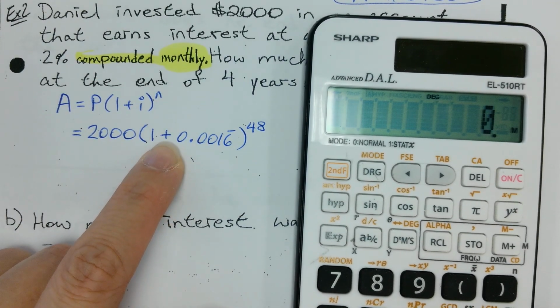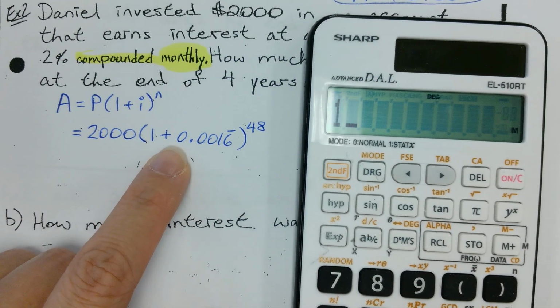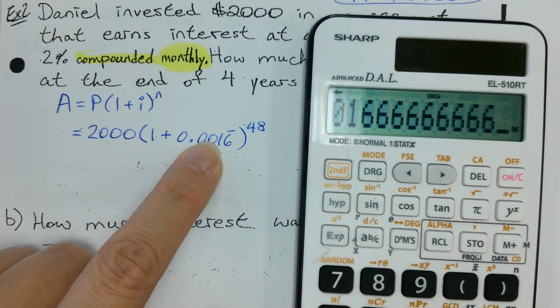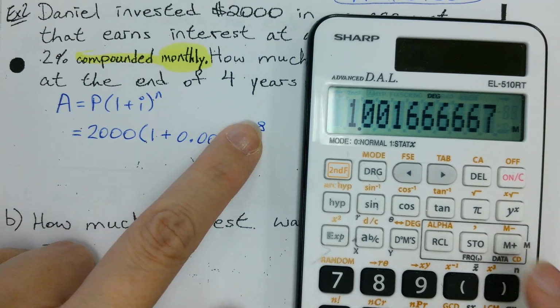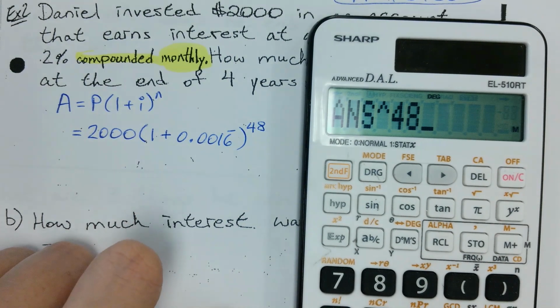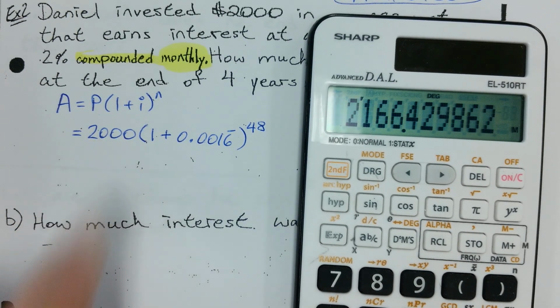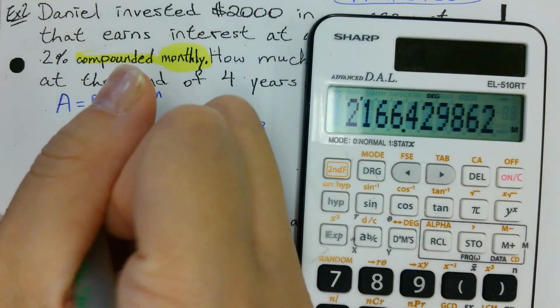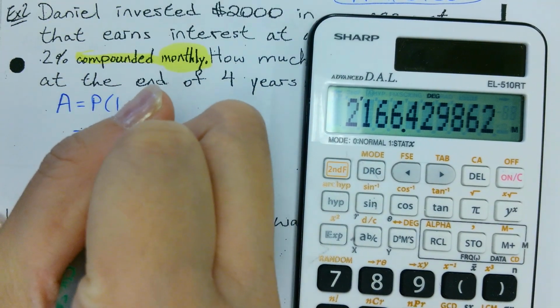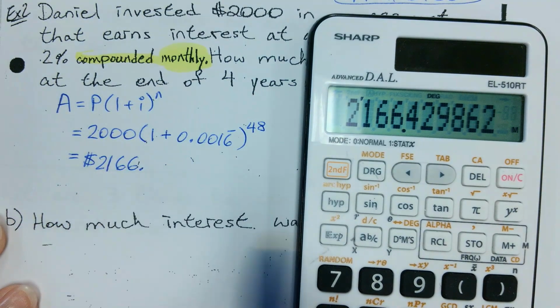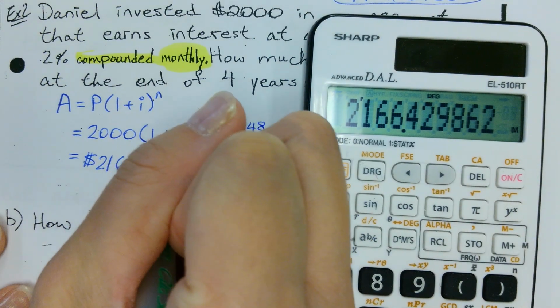If I were to do it the BEDMAS way, 1 plus 0.001666666666 equal, and then raise it to the power of 48 equal, and then times it by 2,000. And then you get this amount, $2,166. And what do I round this to? 43 cents. That's right.